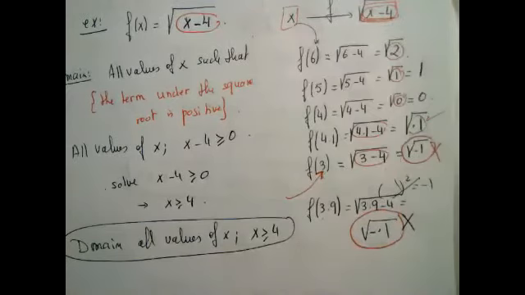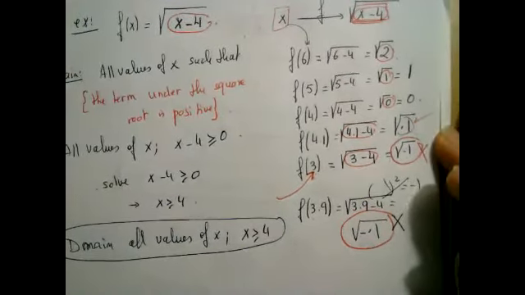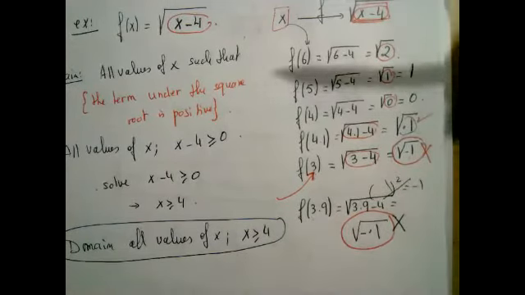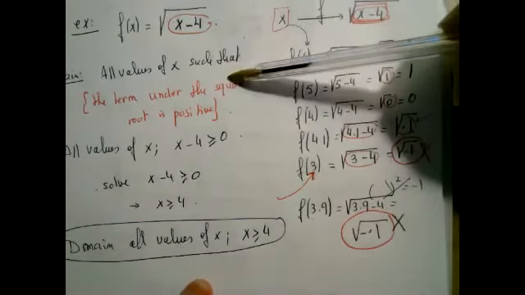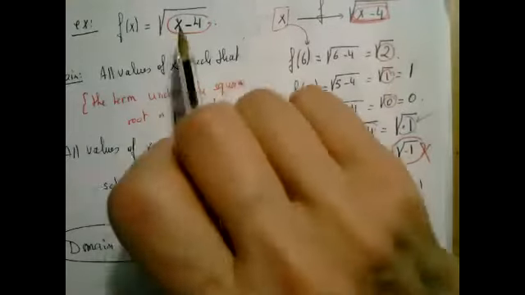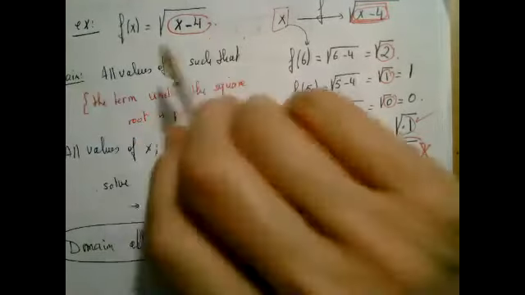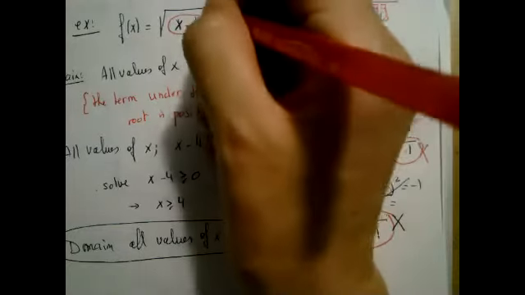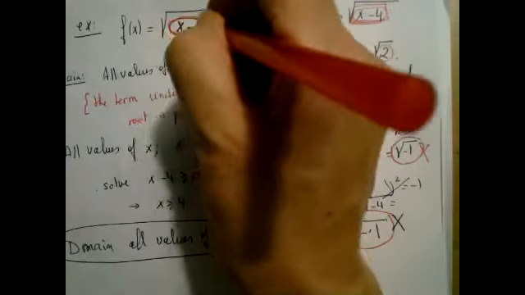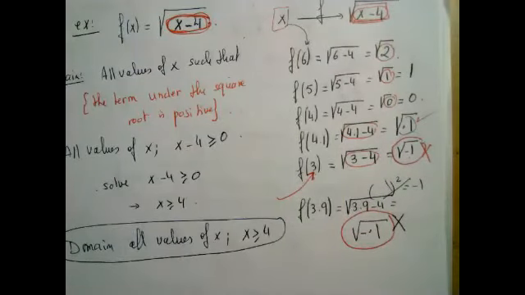This was a very simple problem to get the idea across. If it's a tiny bit complicated, you still have to solve the inequalities. So what is the domain? Basically it's the same idea: which x can I put in to spit out a real number. And whenever I have a square root, the term under it has to be positive.